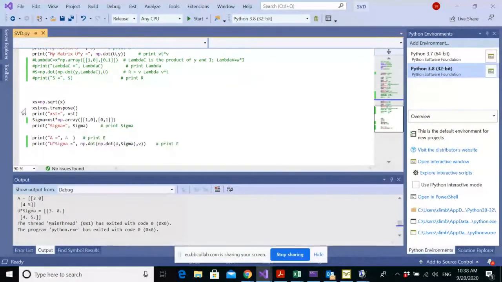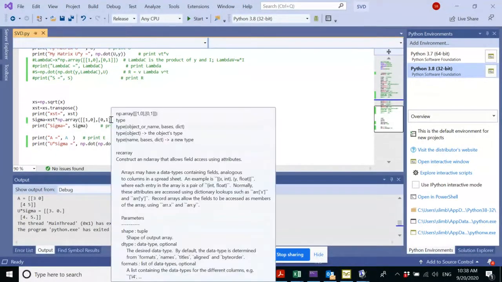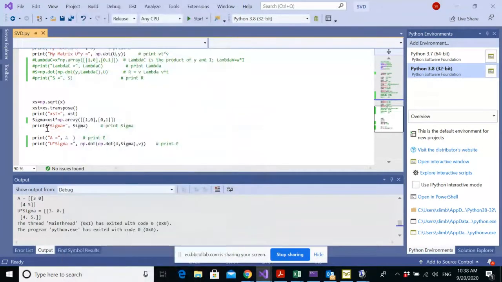And I'm doing a small manipulation to put them in a diagonal matrix. So I'm just doing a simple multiplication of these entries to obtain the sigma, the beautiful sigma matrix I need. I'm not using the dot product, Shabab, be careful, I'm using just a simple factorization, because to me, XS here would be just a column, and I'm going to multiply it just to put it in a diagonal. Okay?